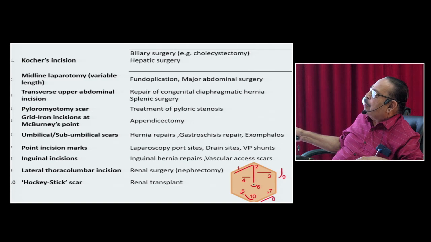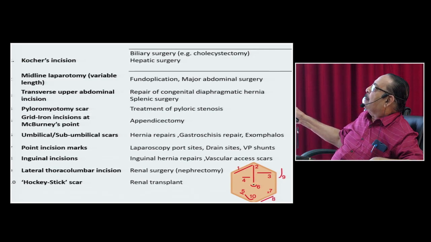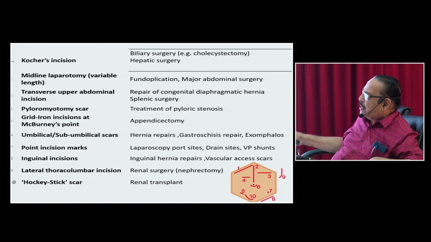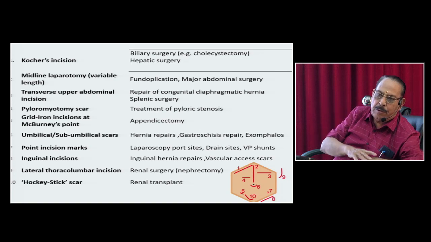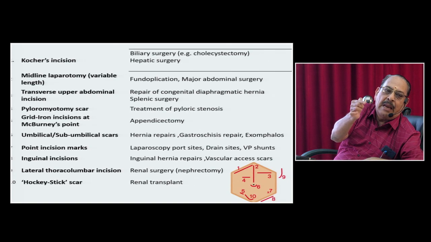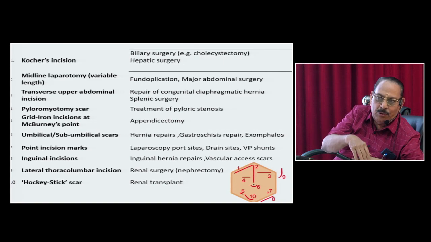For example, a Kocher incision, biliary surgery, probably. Say, for example, if the child has infantile hypertrophic pyloric stenosis, there will be an epigastric paramedian horizontal scar, about 3 centimeters. That's all. You make a diagnosis.